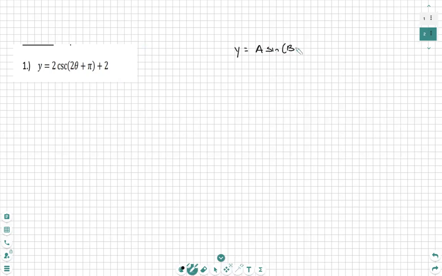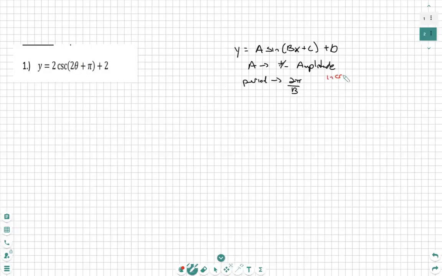A sine b of x plus c, plus d. A is equal to our amplitude, plus or minus. Our period is equal to 2 pi over b.